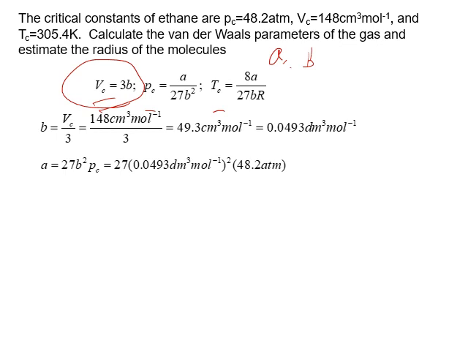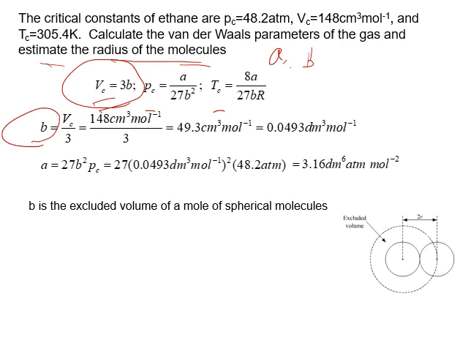So next it asks to estimate the radius of the molecule. Which one is related to the size of the molecule? It's b. b is due to the repulsive force. The volume of the molecule is not accessible to other molecules because of the repulsive force.